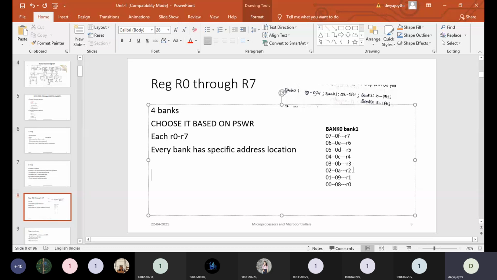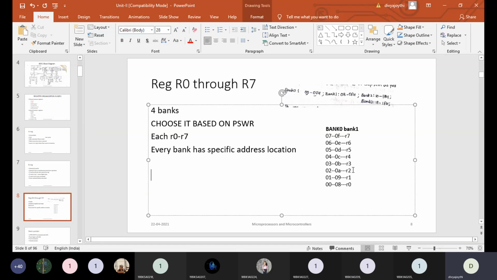Say, for example, if you want to know the address location of R2, it will have 4 address locations, because R2 is there in 4 banks. If you want to know the address of R2 in bank 1, it will be 0AH.